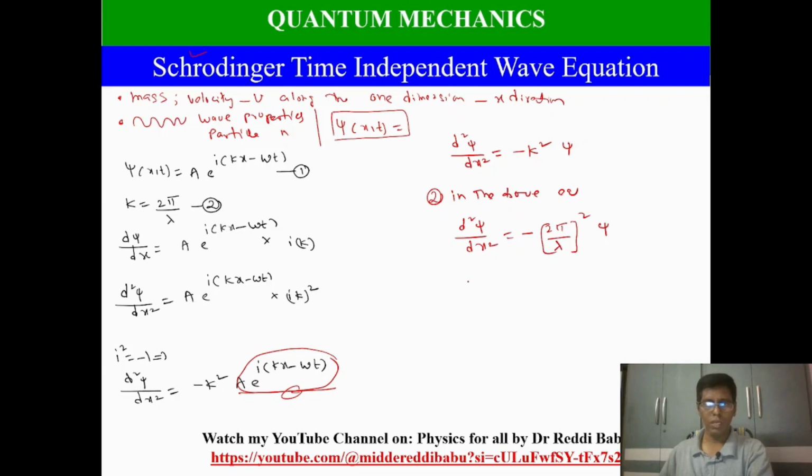Now rewriting the equation, d square psi divided by dx square is equal to minus 4 pi square by lambda square into psi. Let us say it is equation number 3.